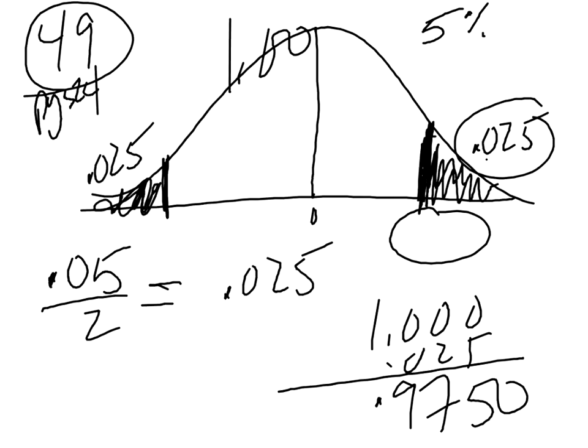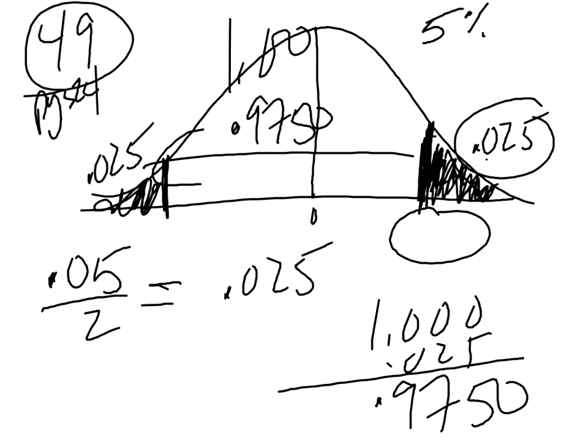So that means that if this is 0.025 of the area in that right tail, the rest of the area is 0.9750.